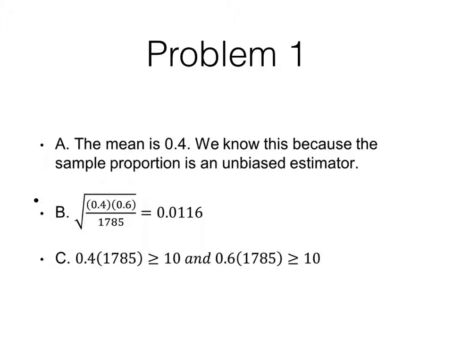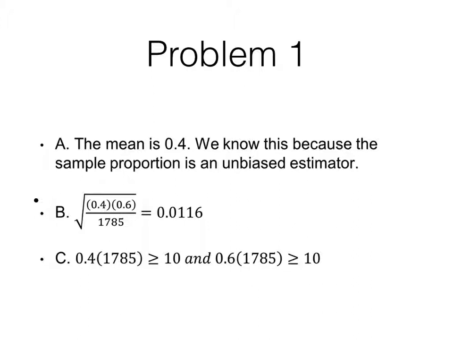The mean is 0.4, and we know this because the sample proportion is an unbiased estimator. So the mean of the sampling distribution of the sample is going to be equal to the population proportion. Remember, our formula for standard deviation is the square root of the proportion times 1 minus the proportion, all over the sample size. That gave us a standard deviation of 0.016.